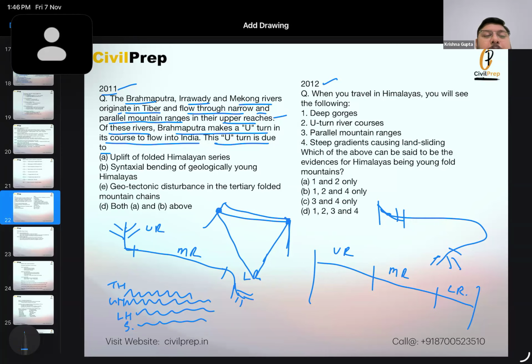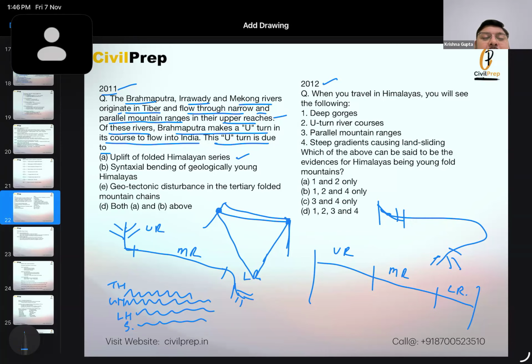So uplift of folded Himalayan series, this is one of the points here. Then syntaxal banding of geologically young Himalayas. Then geotectonic disturbance in the tertiary fold mountain chains. So why has this taken place? This is because of the uplift of the folded Himalayan series. This is true.